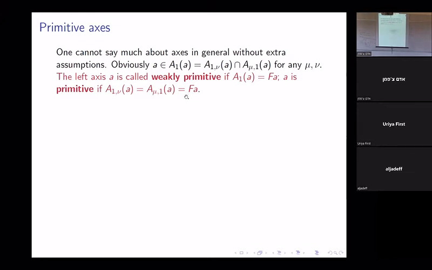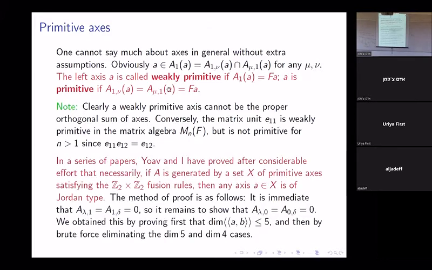And HRS dealt with commutative algebras, so weakly primitive and primitive are the same thing for them. Okay, so a weakly primitive axis cannot be the sum of two smaller axes, because there's only degree 3.